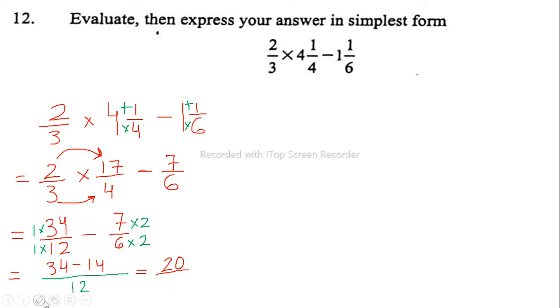So the answer is 20 over 12. But are we done? They say in simplest form, so we have to simplify. What number goes into both 20 and 12? 4.